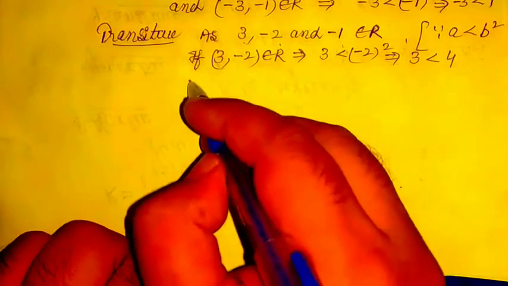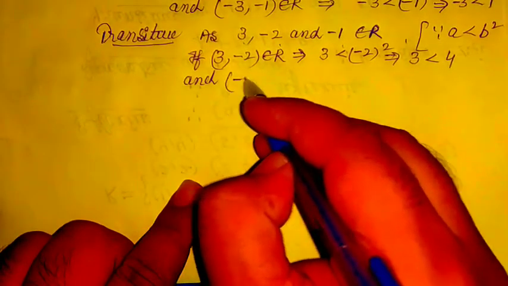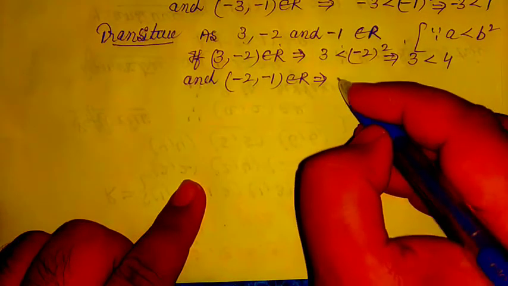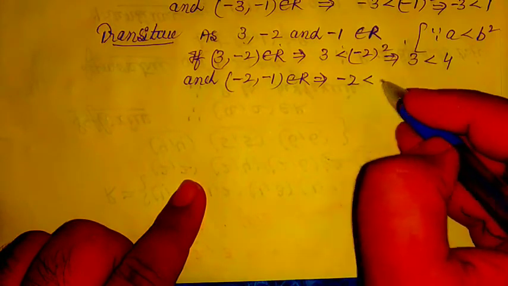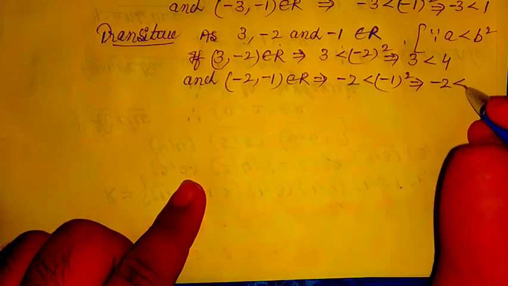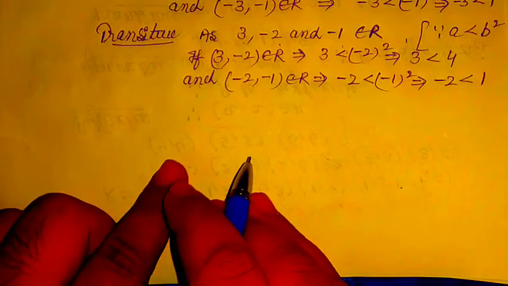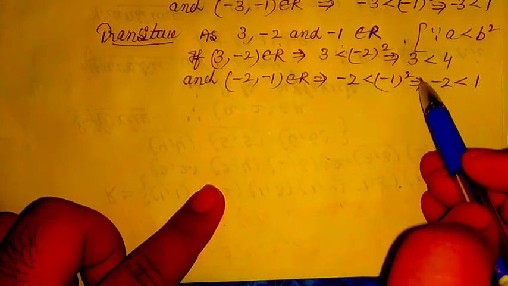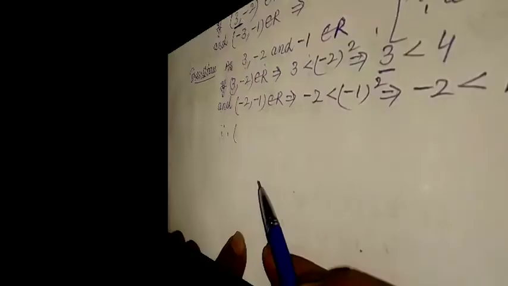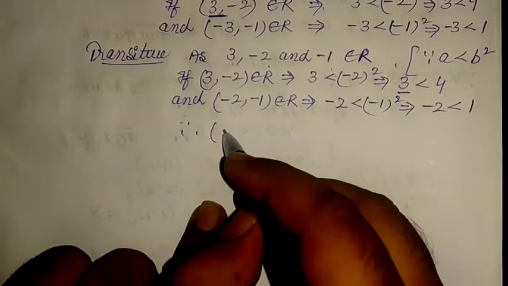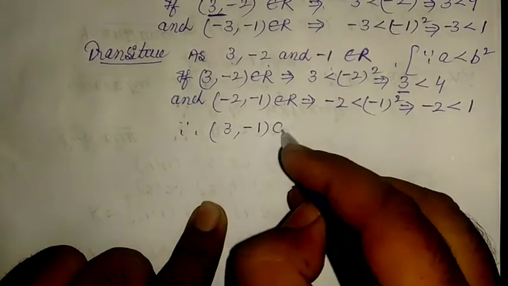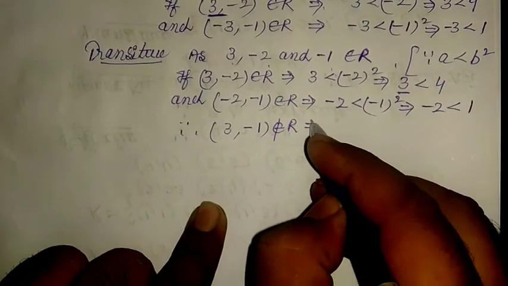Next we take (-2, -1) belongs to R, which implies -2 ≤ (-1)², which gives 1. That is true. But (3, -1) does not belong to R. Why?